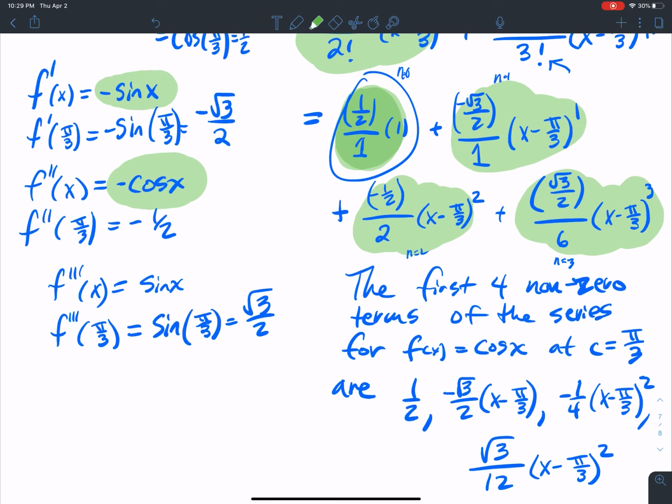So when n is odd, you'll see how I've got this factor of square root 3 over 2. And when n is even, I have this 1/2 thing. What's the difference here? One of them's positive, one of them's negative, so I have a sign switcher there.